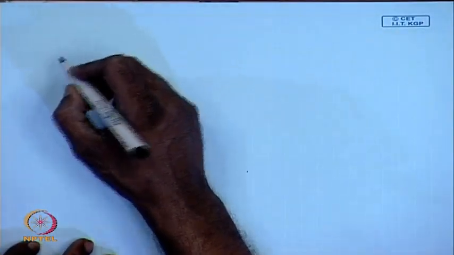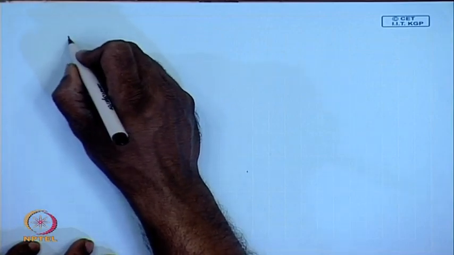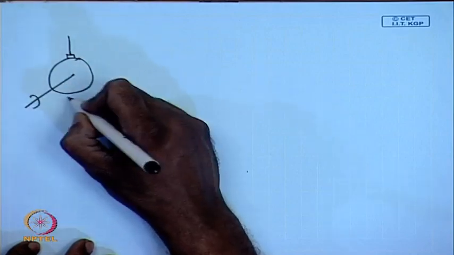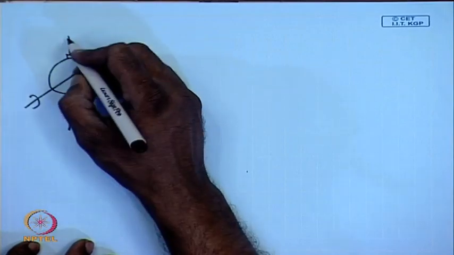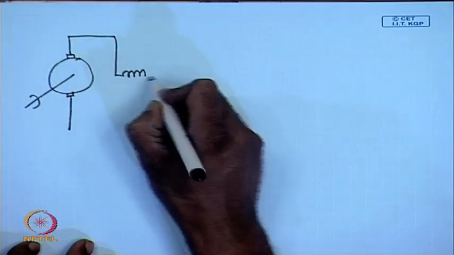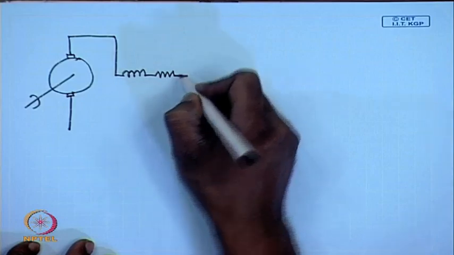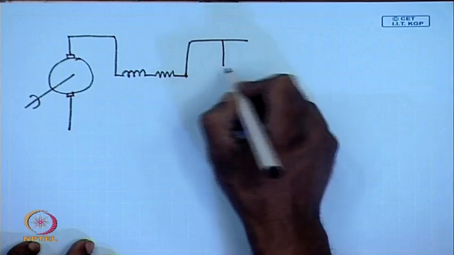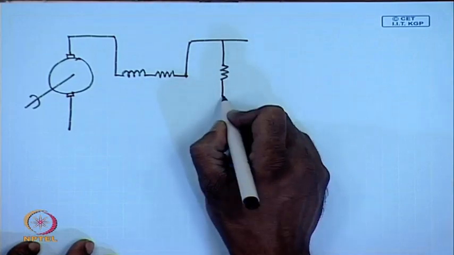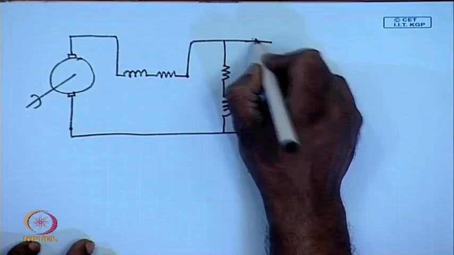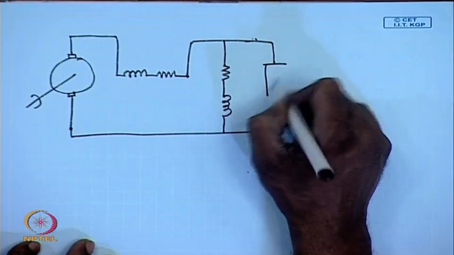Let us see how the long shunt connection looks like. This is the motor, and this is the load.